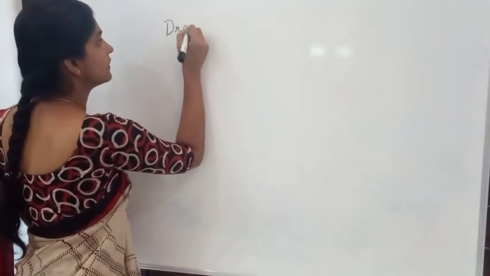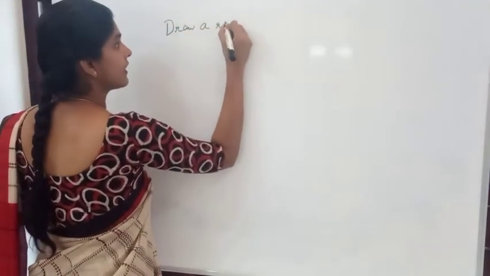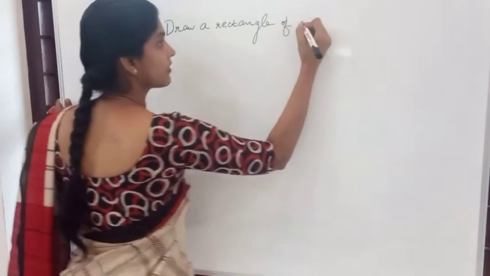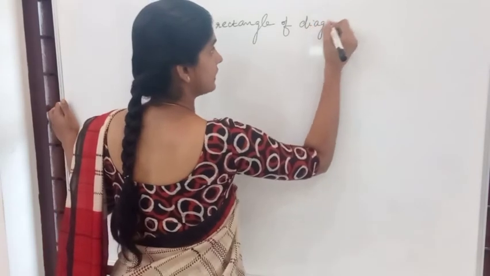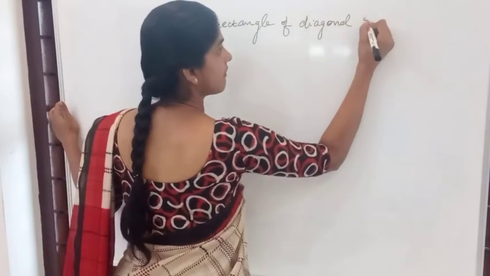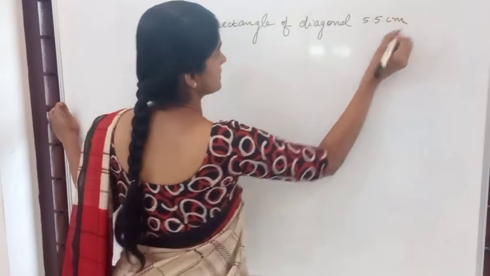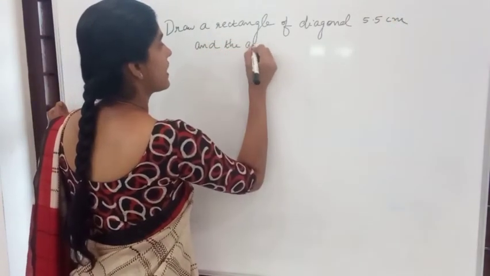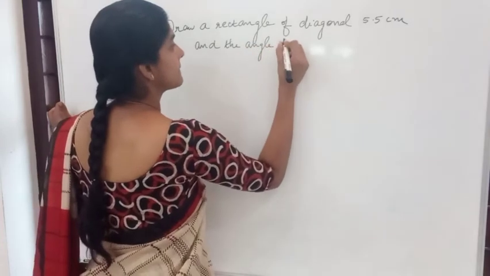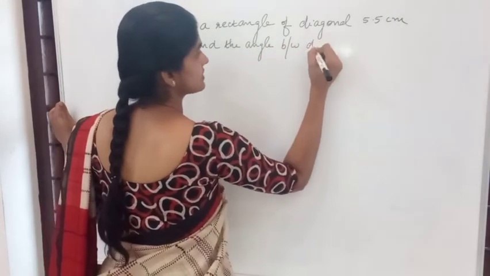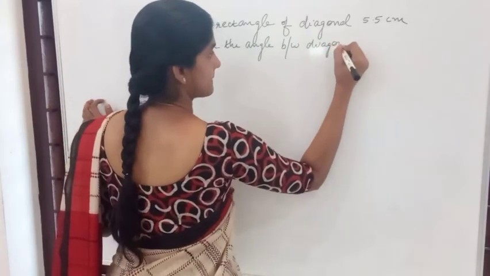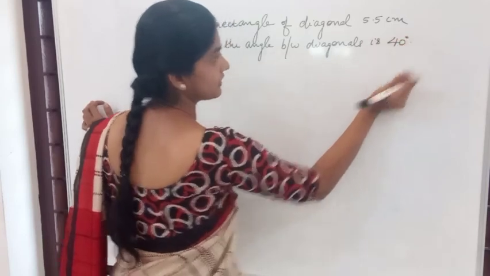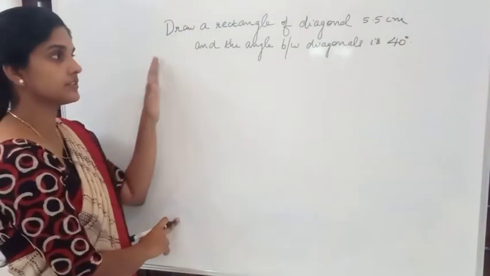Draw a rectangle of diagonal 5.5 centimeter and the angle between the diagonals is 40 degrees. Suppose this is a question.